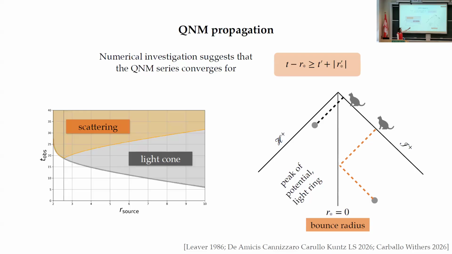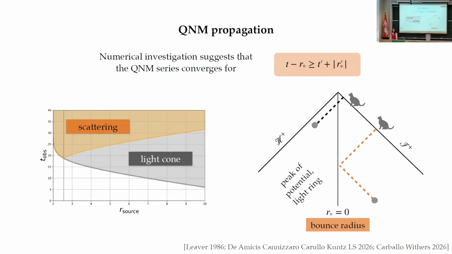Instead, if the source is located to the left of the bounce radius, QNMs can propagate directly inside the light cone. And I also depicted this here. So again, to the right, we have scattering, which is more restrictive than the light cone. And to the left, instead, we have the light cone condition.